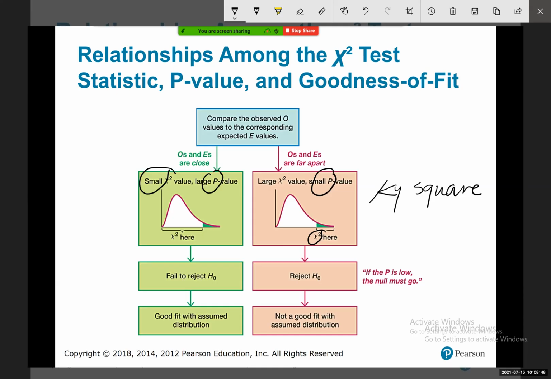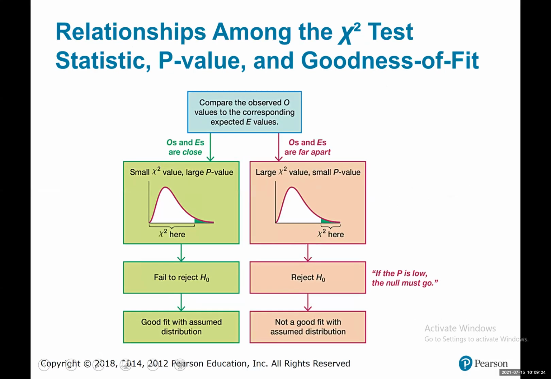Small chi-square with a large p-value. So exactly like large t with a small p, large z with a small p, same thing: large chi-square, small p. So we reject the null if p is small, and then it's not a good fit with the assumed distribution. So in this case, we rejected the null, so it was not a good fit with 50%, 10%, and so forth.